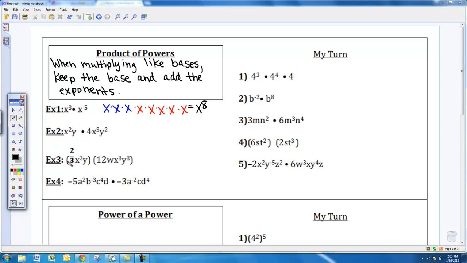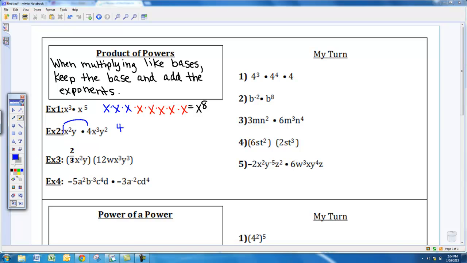First of all, we need to put a coefficient on our first expression, and that would just be a 1. So the rule is that we're going to multiply our coefficients and then we're going to multiply our like bases. So first we'll multiply 1 times 4, and that's just going to give us 4.